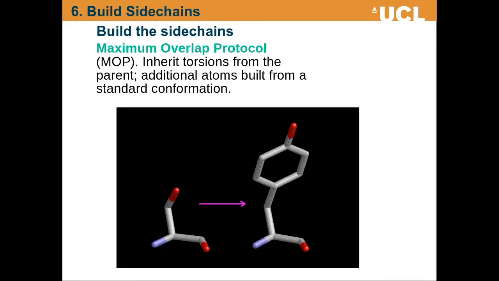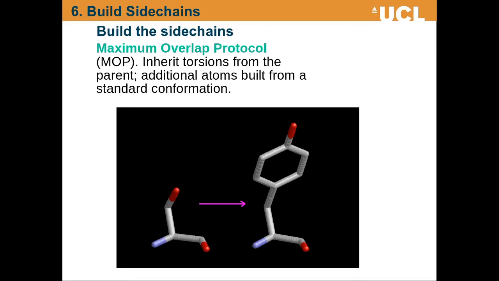Step 6 in the process then is to build the side chains. So at this stage we have got the backbone of the protein completely constructed, and we have probably still got the side chains in place, but some of them will be incorrect because obviously there are mutations between the parent structures and the target structure that we're trying to model.